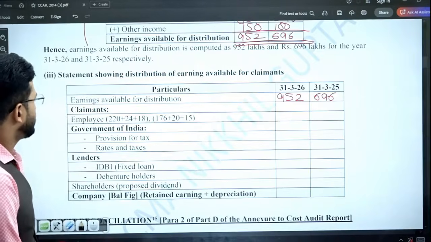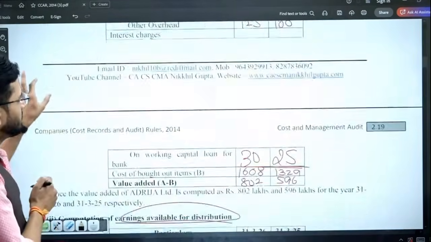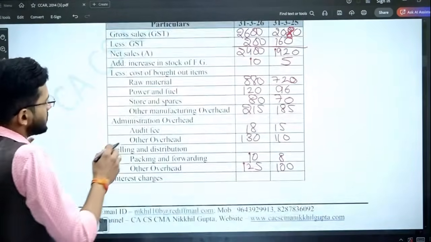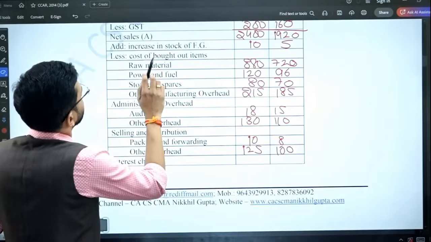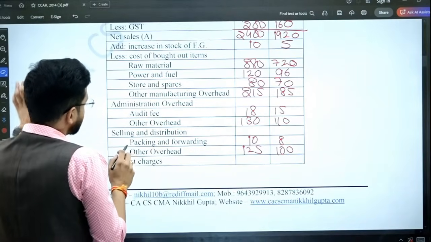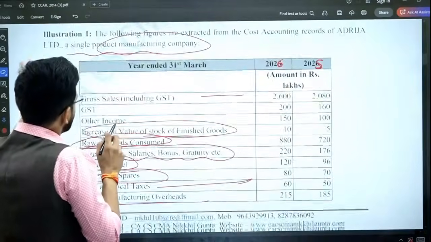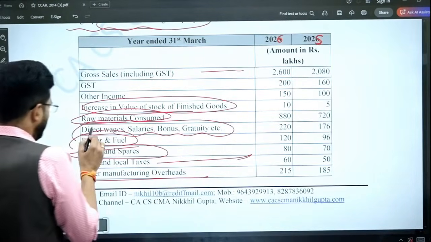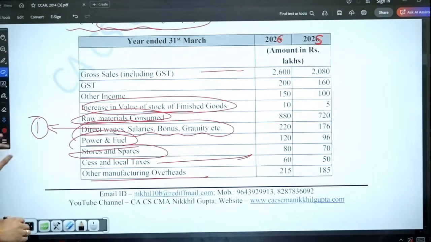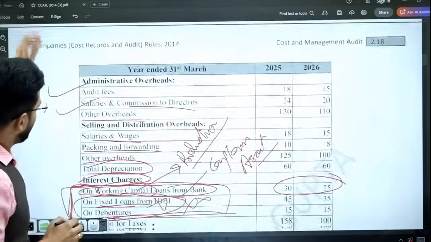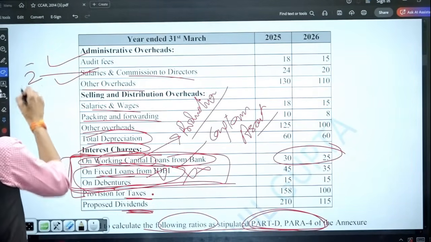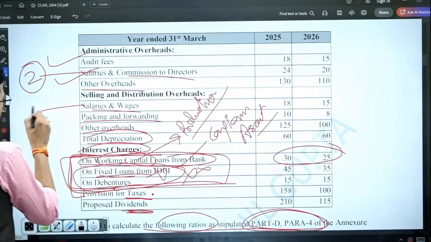Now, who are the different claimants? First claimant is the employee, right? Employee will ask for his salary. So we're going to add all the employee related cost over here. This is the first thing that we are going to add. Then this is the second thing, and this is the third thing.